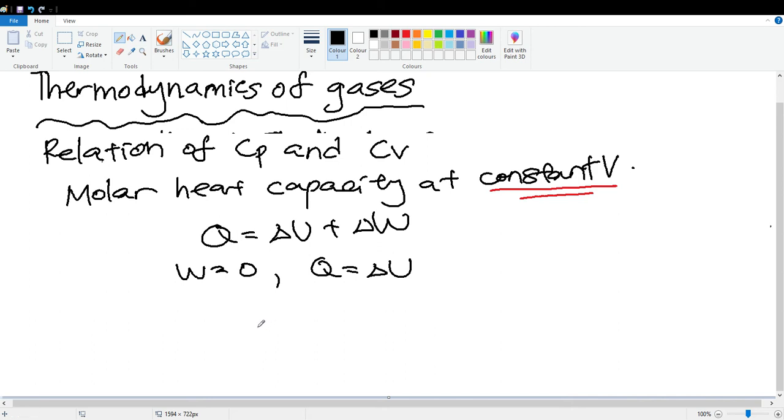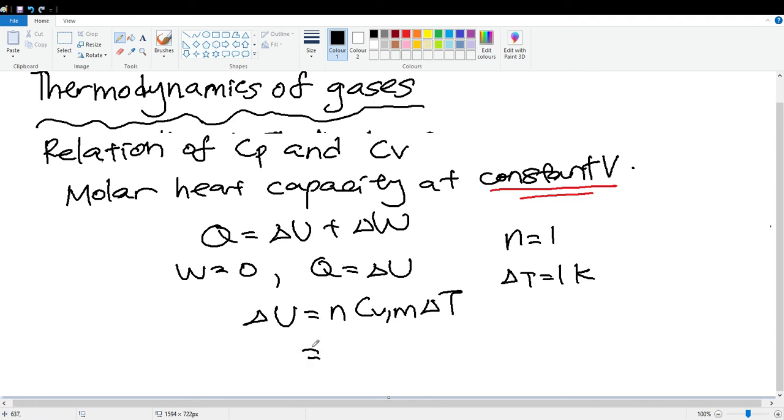So we can conclude that the internal energy of the gas is equal to nCvm delta T, since Q is equal to nCvm delta T. Since my mole is equal to 1 and the increase in temperature is also 1K, the internal energy of 1 mole of gas is equal to Cvm. So this is the first information that we need.